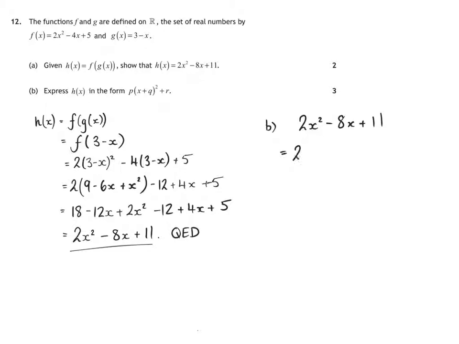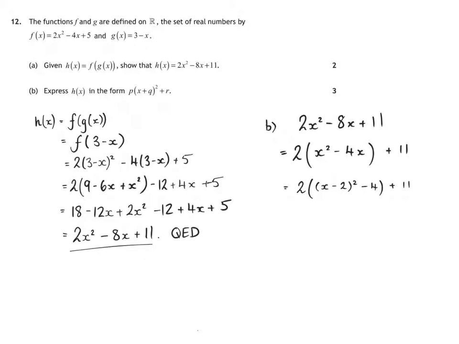So we can take out a common factor of 2 to give us 2 times (x squared minus 4x). And the plus 11 we leave for now. So we're looking for what bracket would give us x squared minus 4x. The bracket we would need would be (x minus 2) squared, because when we multiply that out, we'd get x squared minus 4x plus 4. Because we've got that plus 4, we need to take that 4 away. And then we need to add the 11 on the end as well.